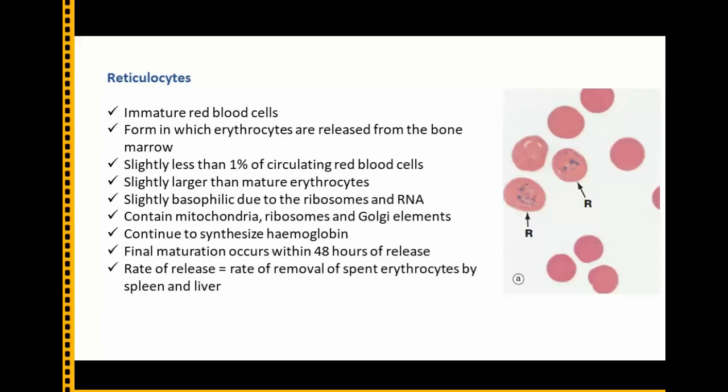So the body keeps the reticulocyte count less than 1%. If the reticulocyte count is higher, that means the bone marrow is releasing more reticulocytes or there is something wrong.